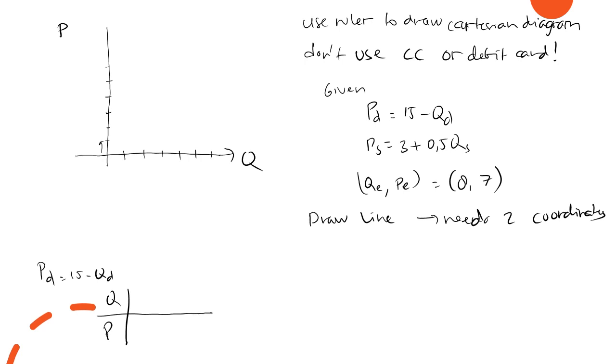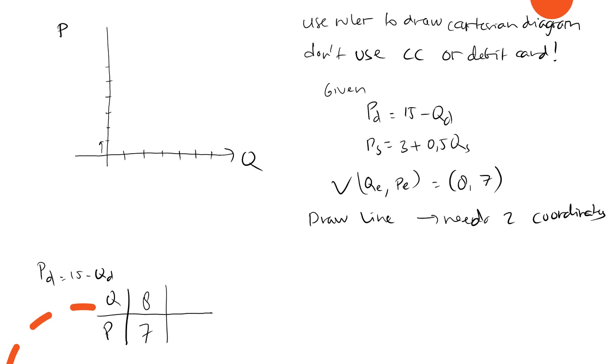We have QE and PE over here, which is also located at the PD function, right? So we have here 8 and 7 at the PD, and we need another coordinate to help us draw the line of the PD function.